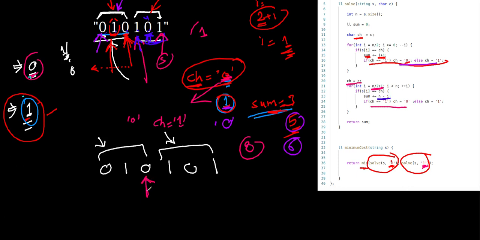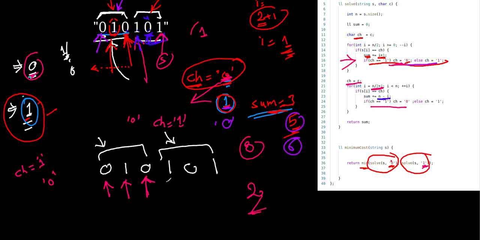This is 1, no. This is 1, yes. The cost for this is 2. Now we flip ch, it was originally 1, now it's 0. We look for 0. Is this 0? Yes, so we add this to the cost, so the cost is 3.